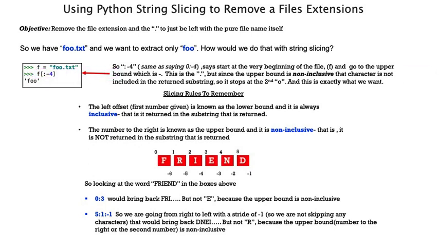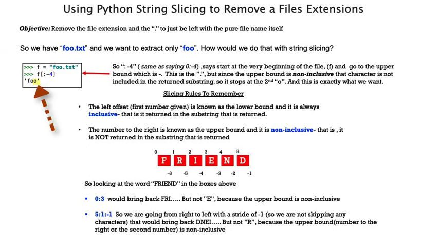So the colon -4 is the same as saying 0 to -4. So it says start at the very beginning of the file and go to the upper bound, which is the dot. But since the upper bound is non-inclusive, this character is not included in the returned substring. So it stops at the second O. And this is exactly what we want.